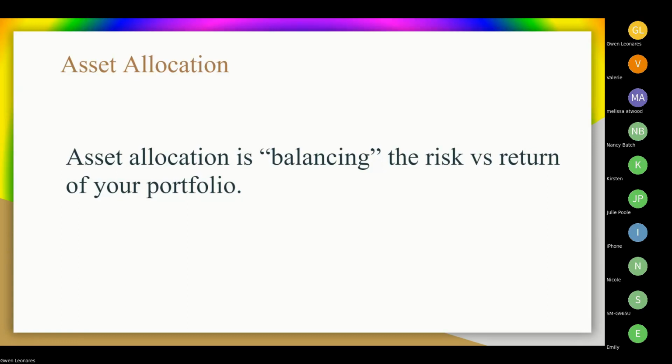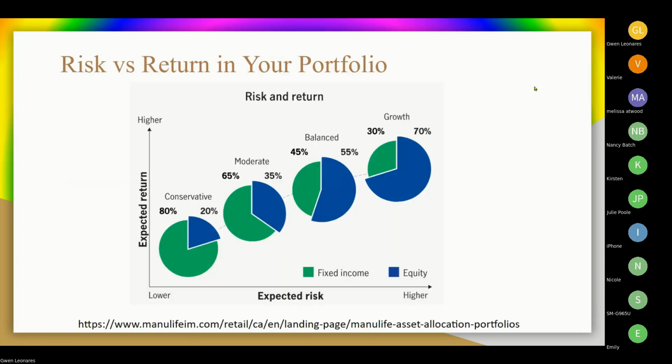Then you probably need a more conservative portfolio that maybe doesn't make as much, but it's more stable. You won't lose as much money. I've seen asset allocation also referred to as portfolio balancing, but I decided that we're going to focus on assets this time, so it's asset allocation. Let's go to the next slide.